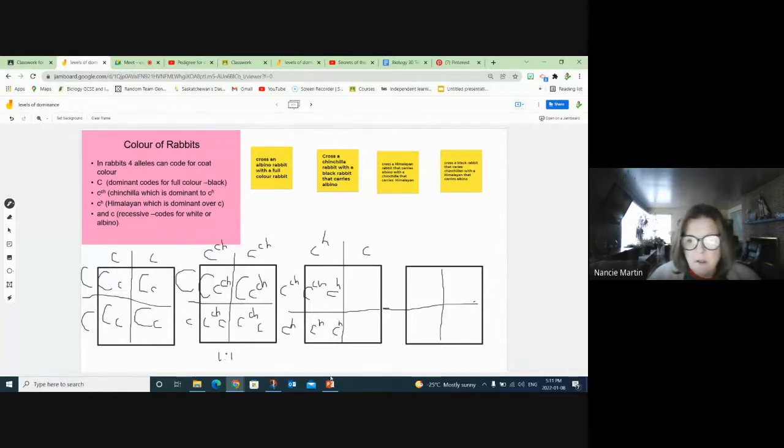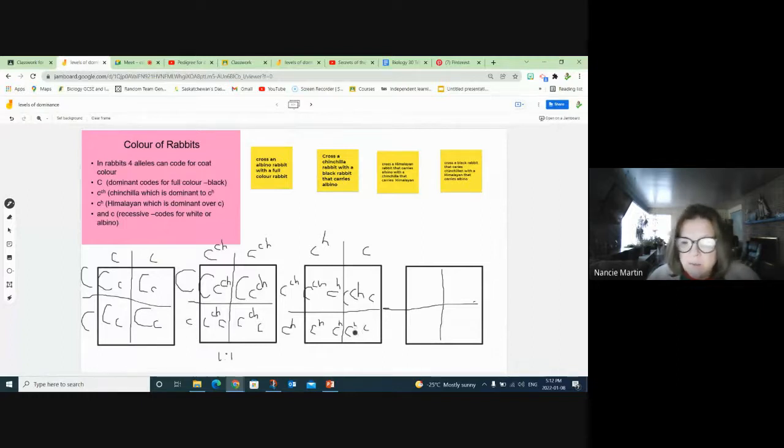Now here, I've got my CH, whoops, and I've got an albino allele here. So I'm going to have a chinchilla rabbit that carries albino. And now here, I'm going to get a C with an H on it and a C, an albino. These are getting worse and worse. And of course, I'm going to get a Himalayan.